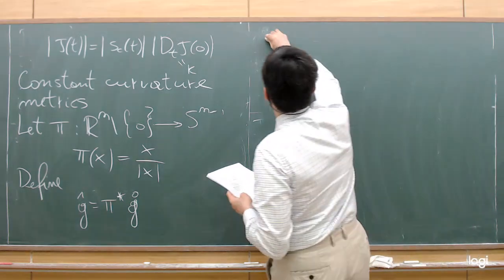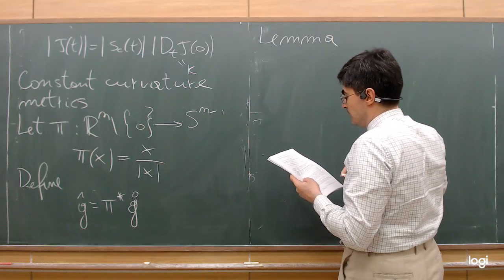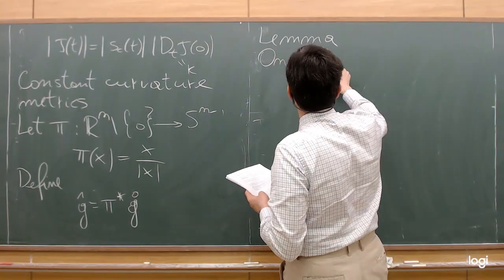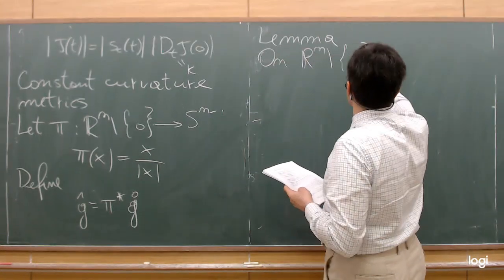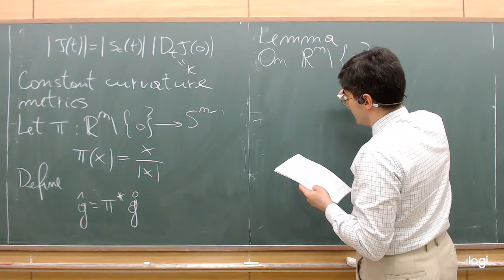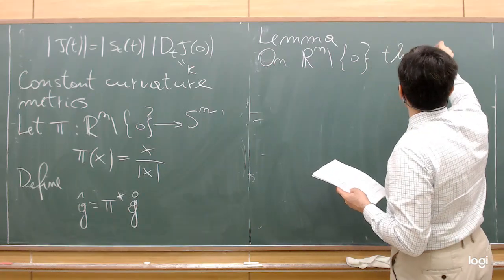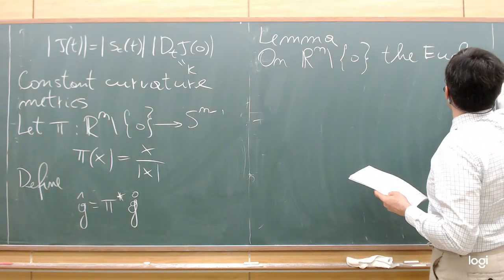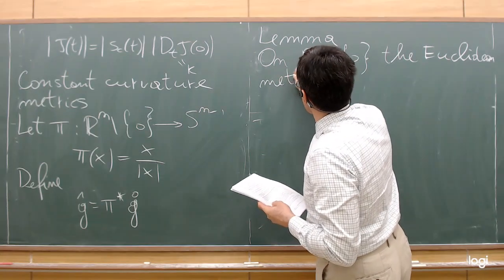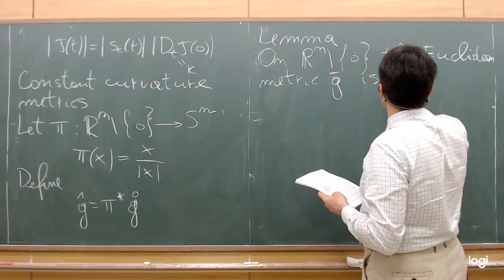Then it's easy to prove that this lemma holds true. So on R^n minus the origin, we have that the Euclidean metric G bar is given by this formula.